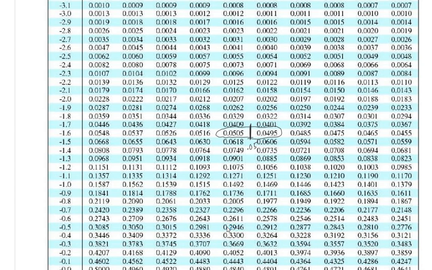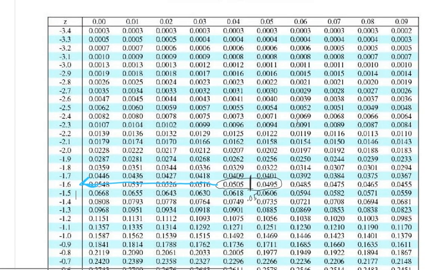So then what I'd be looking for, if I scroll over, I'm looking for a negative 1.6. And then between 0.04 and 0.05. So that means I'm looking for 1.645. That would cut those two right in the middle.